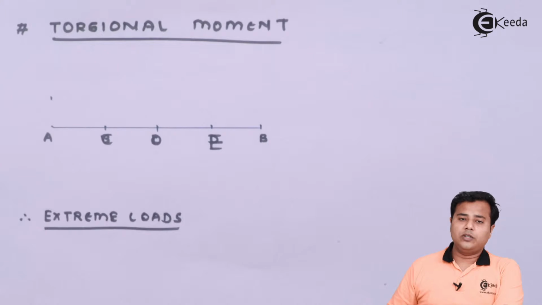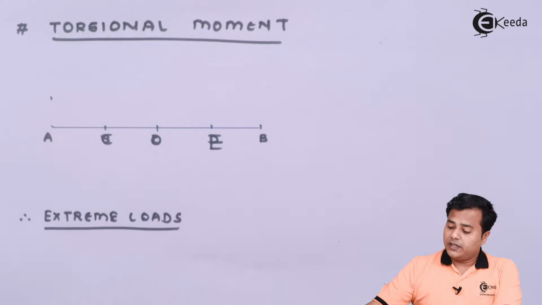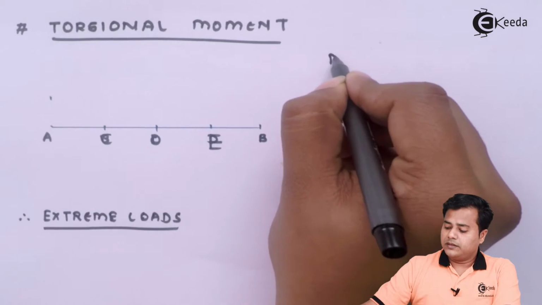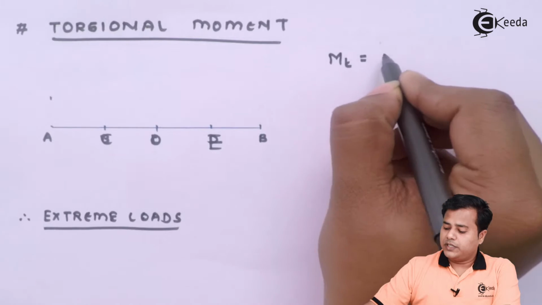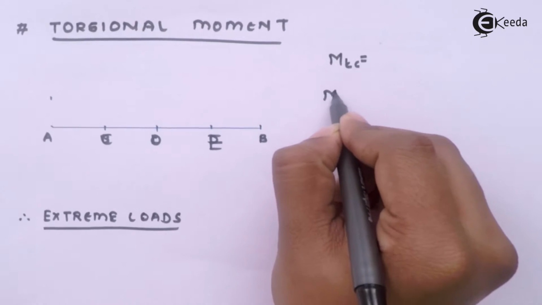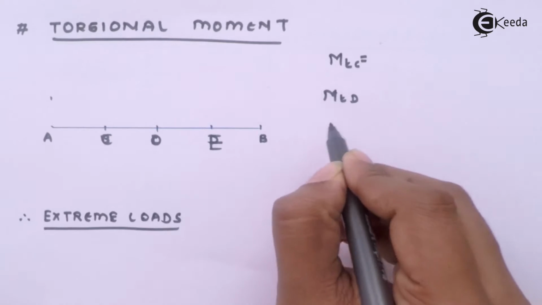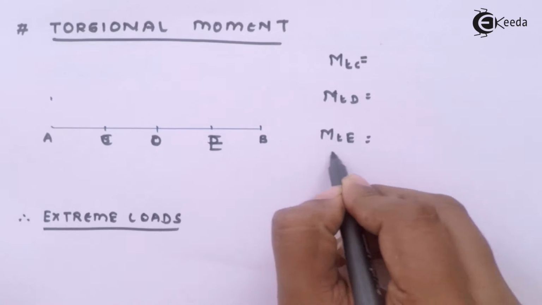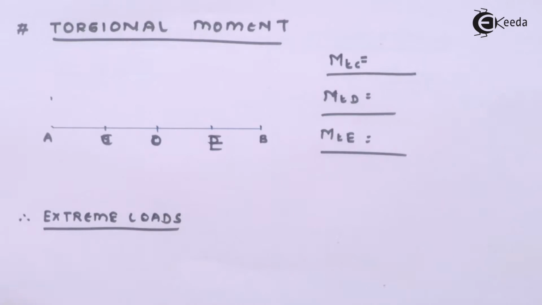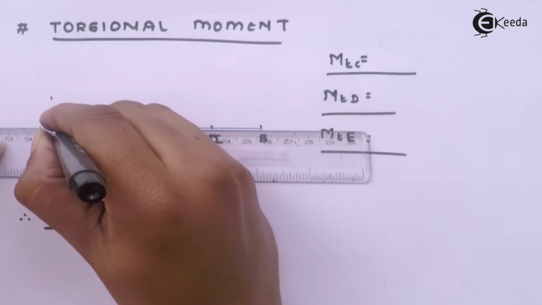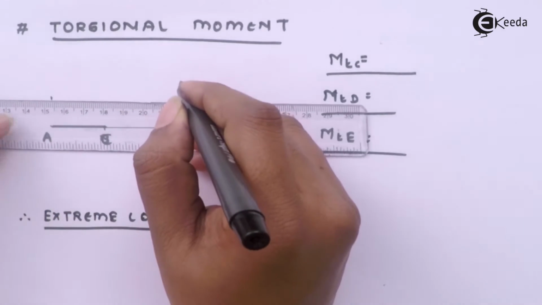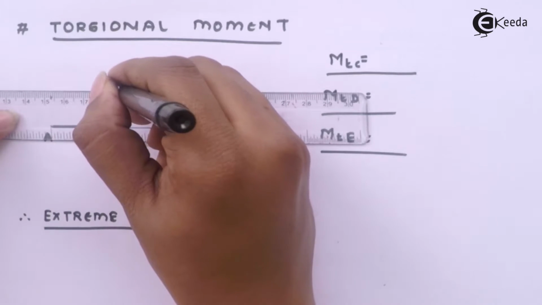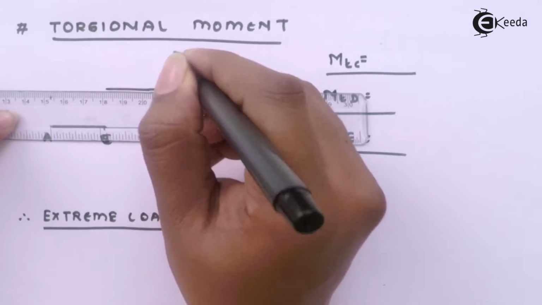Now let us work on the torsional moment. The torsional moment we already have figured out for point C, torsional moment at point D, and torsional moment at point E in our calculations, based on which if you draw the diagram it becomes, for this region it comes out to be 0, for this region it is coming to be like this, and for this region it is coming like this.